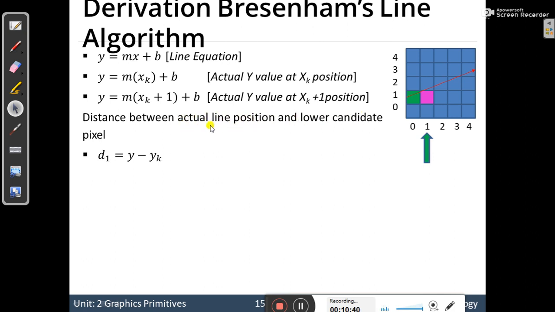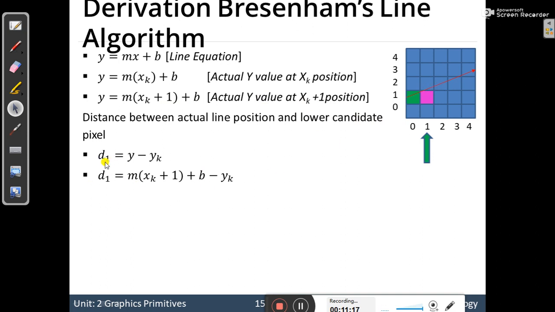This actual line position might be a decimal or fractional value, and the lower candidate pixel needs to be an integer value. In this equation we can put y equal to this equation. We are finding the xk plus 1 position. At the xk plus 1 position there are two candidates, so we need to find which candidate is going to be closer to the line.